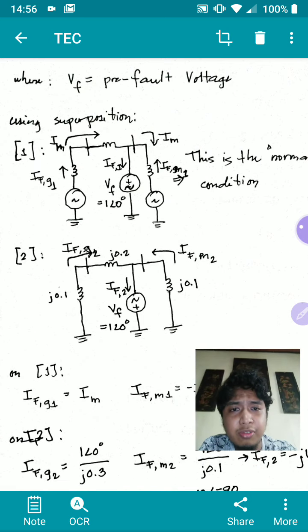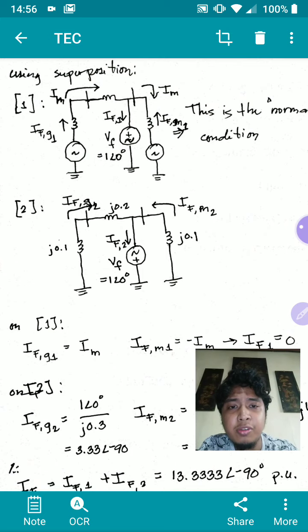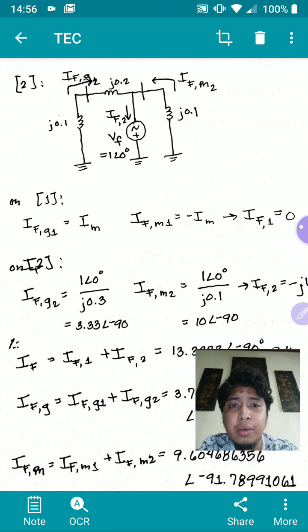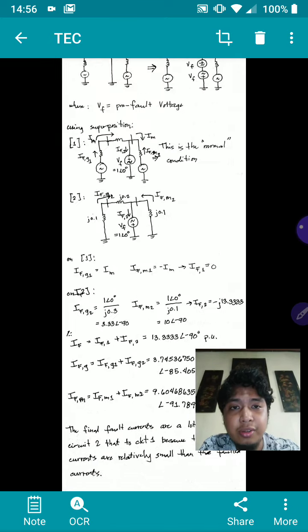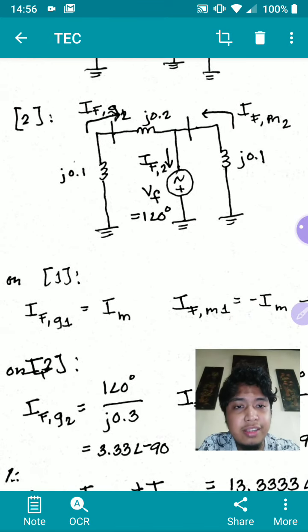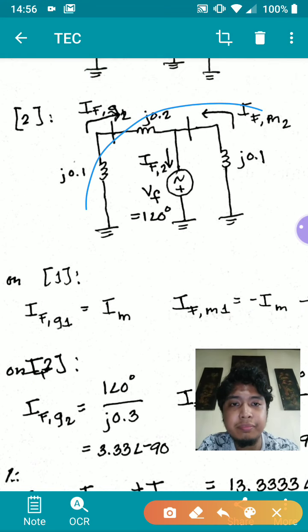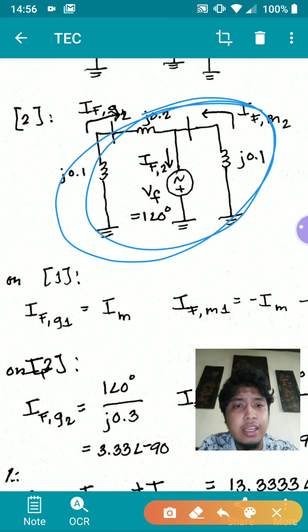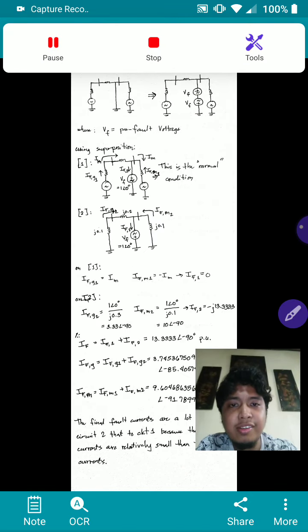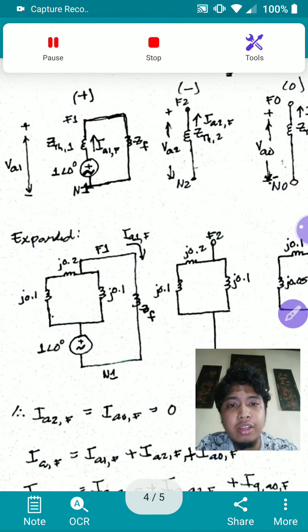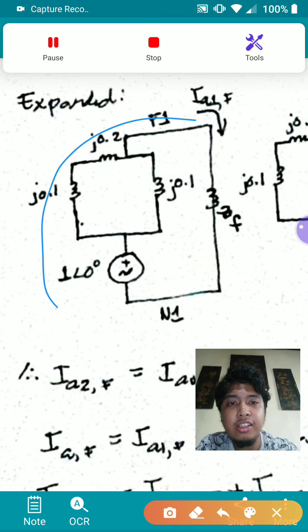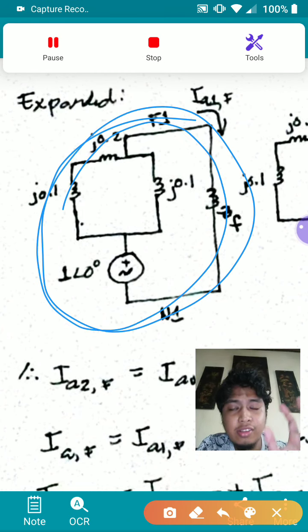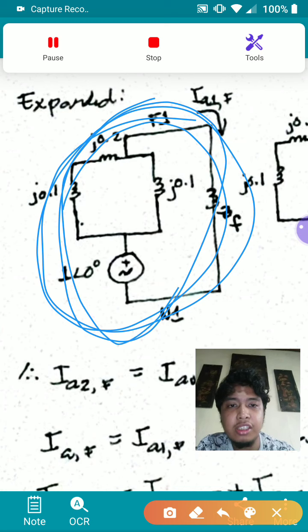Again, as I have said before, I'll be dropping the first superposition, so we're left with this one for the solution, and this is just your Thevenin equivalent circuit for the network at the fault point to the neutral. If we have this Thevenin equivalent circuit, then we're done with the solution.